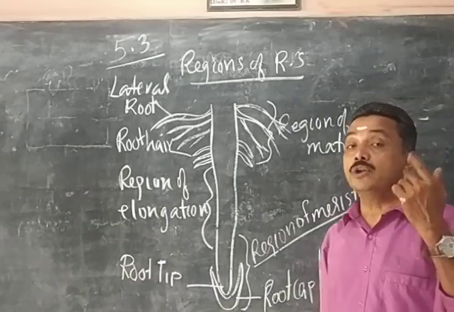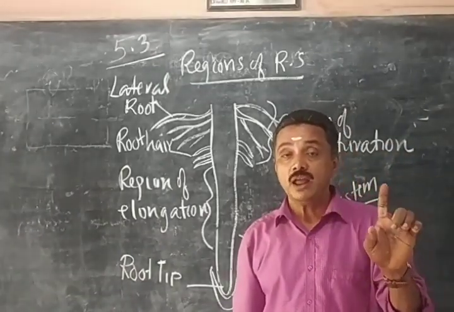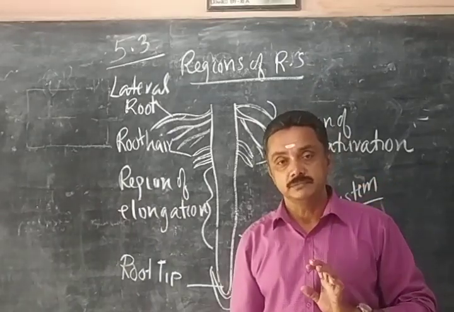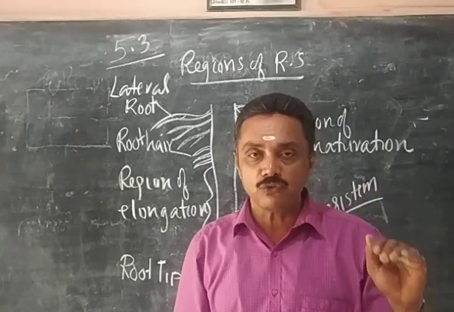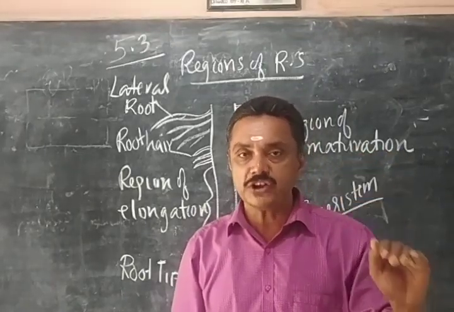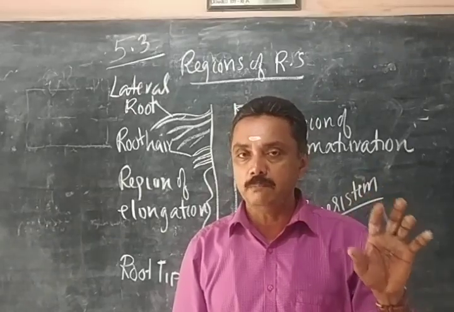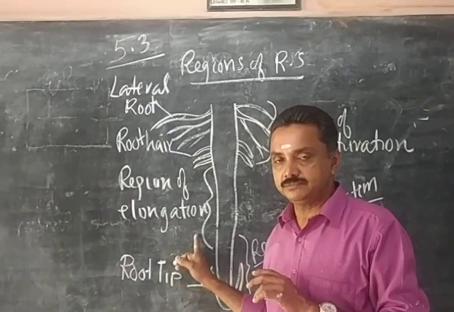Then roots are modified: storage root, stilt root, prop root, and respiratory root. That's about the root modifications. So: types of root system, regions of the root system, modifications of the root system. Very important; one diagram is also there, carrying 3 marks.